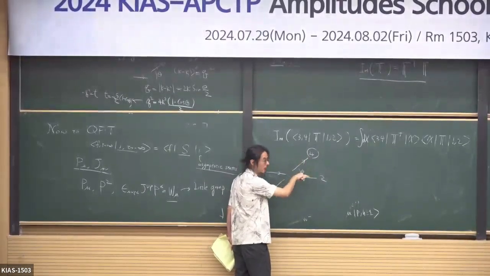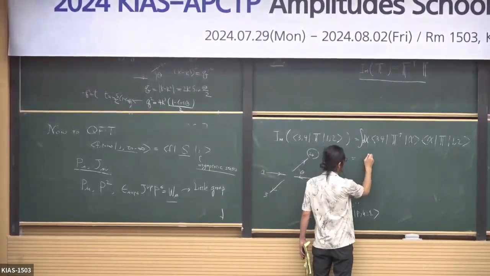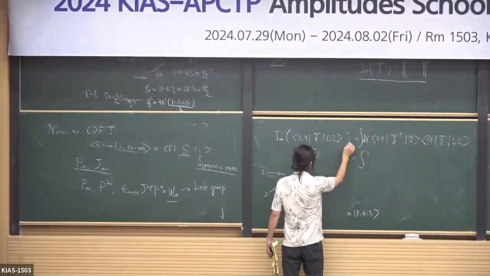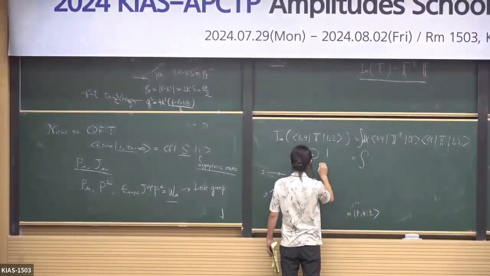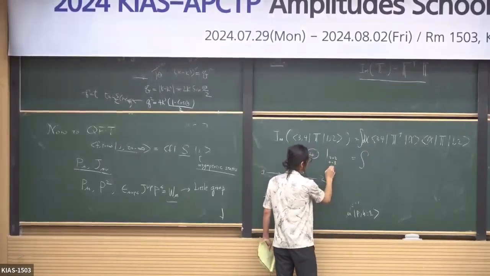This corresponds to theta going to 0. So let me identify 3 with 2 and 4 with 1.